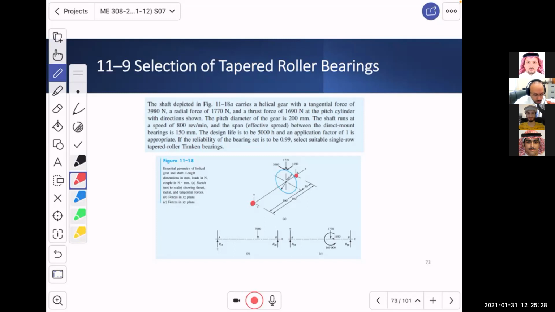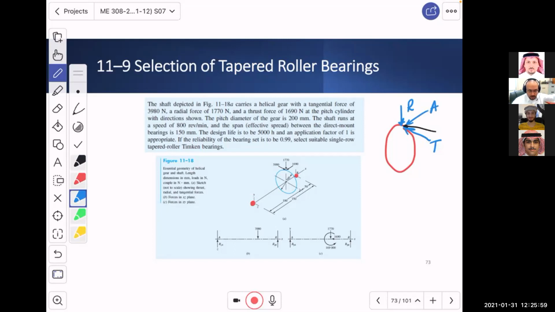But what you should know is that when you have a helical gear and you apply a force on it with an angle, what you are going to get is a radial force, a tangential force, and an axial force. 3.